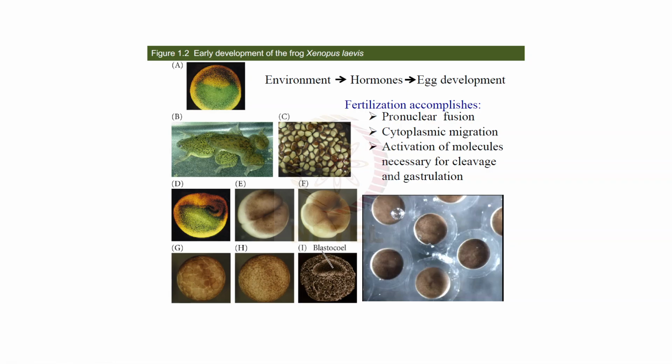The vegetal pole is basically the yolk part of the egg, and the animal pole is basically that part of the egg which makes the actual organism. Okay, you can understand it that way for basic knowledge. Obviously when you study further in the course you'll get to know more about the animal pole and vegetal pole, but for now, the animal pole is where the actual organism is forming, and the vegetal pole is where the yolk part of the egg lies.